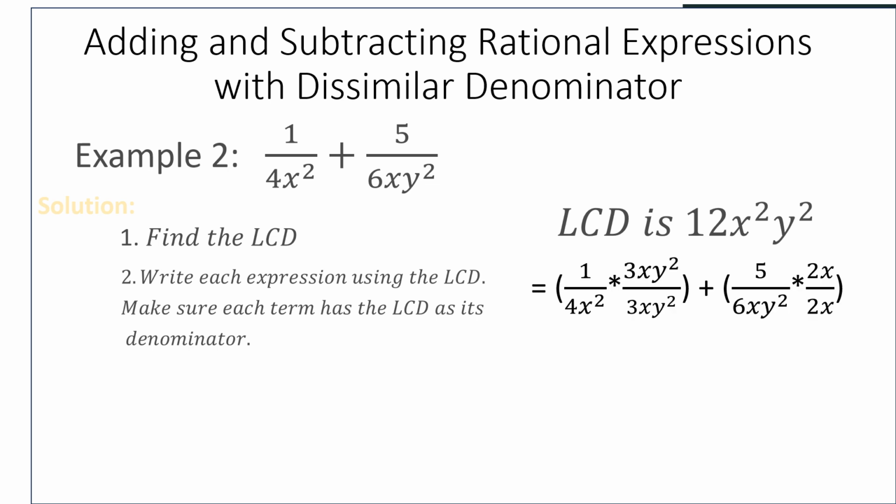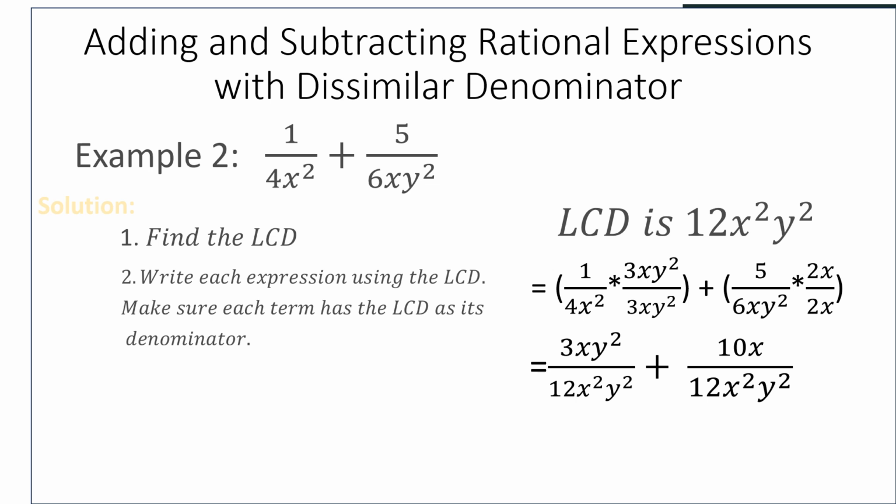This will be our expression when we write it using their LCD. Thus, we will have 3xy squared over 12x squared y squared plus 10x over 12x squared y squared.